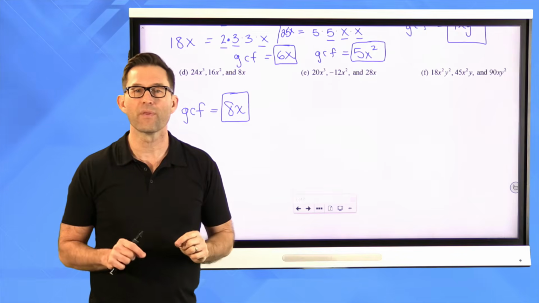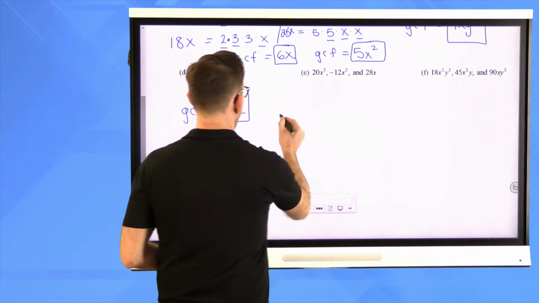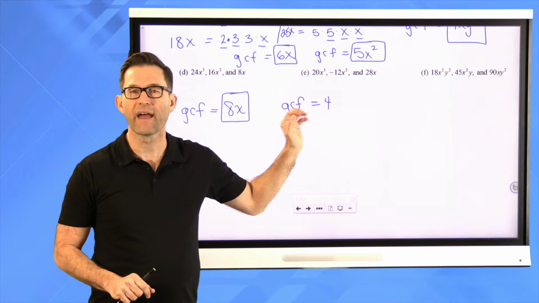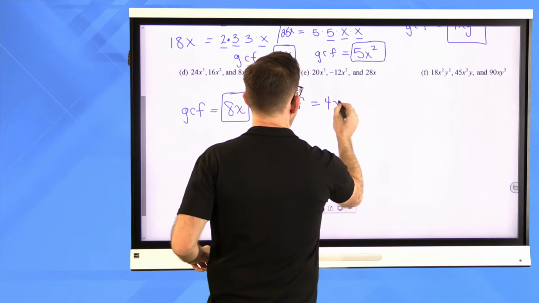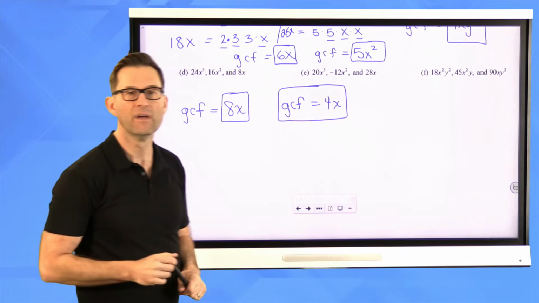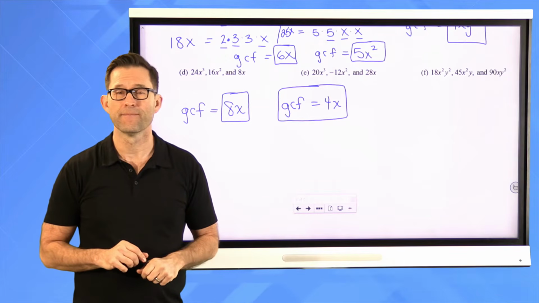The largest number that divides into 20, negative 12, and 28 is 4. Then I have an x to the third, an x to the second, and an x to the first, and that means, at best, I can do an x to the first. So my GCF there is simply 4x to the first.